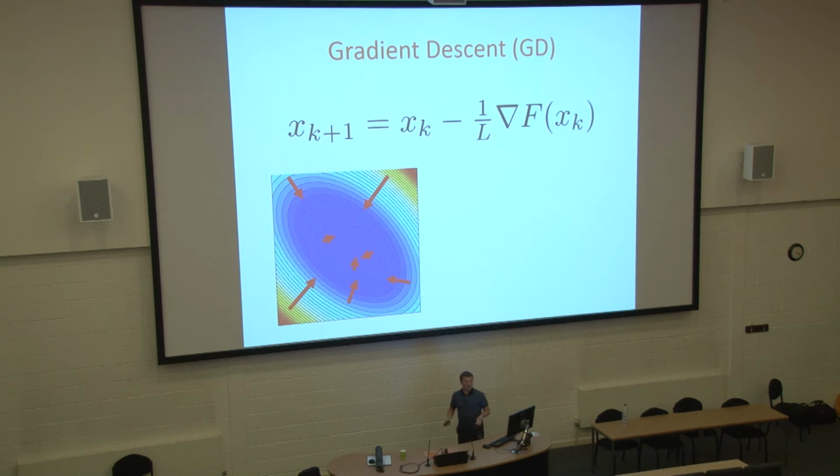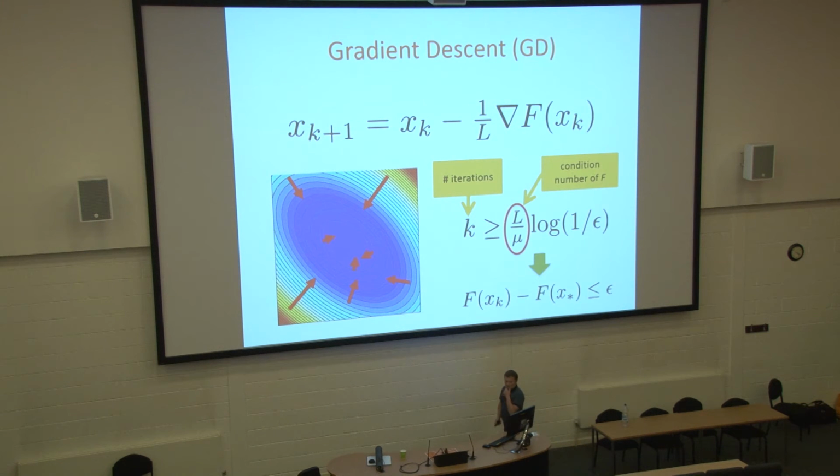That's it. So it turns out that if the number of iterations, number of steps of this procedure, of this hill climbing, or actually climbing an inverted hill, is at least a certain number times the logarithm of 1 over epsilon, where this number describes the shape of the hill, some sort of a condition number, and if the hill is bad, the number is big, then you are within epsilon of the minimum.